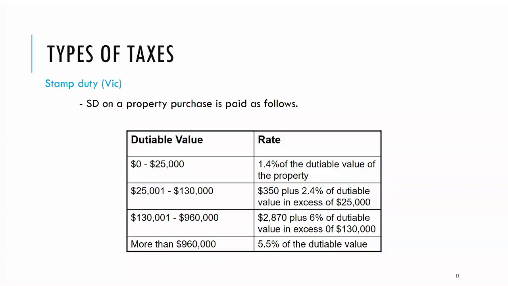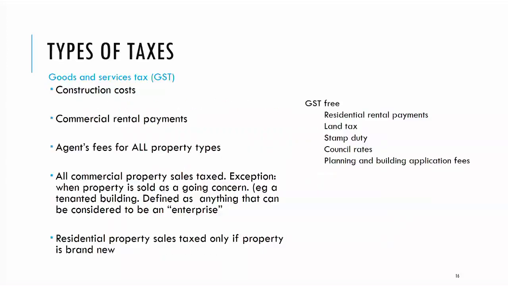And between 130,000 and 960,000, it's 1.4% up to 25,000, 2.4% from 25,000 to 130,000, and 6% from 130,000 to 960,000. Same as the others for more than 960,000. All right, move to the next one.